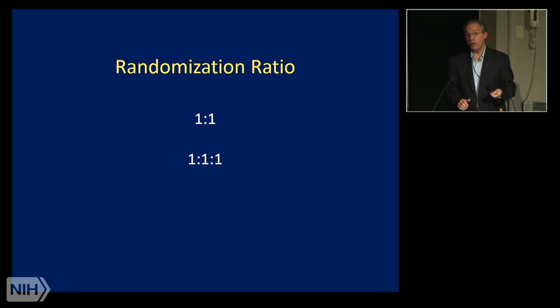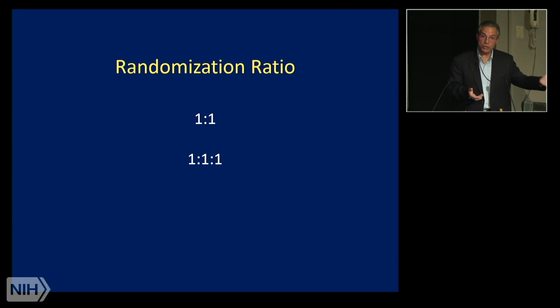You may see 1-to-1-to-1. That should tell you that this is a clinical trial with 3 treatment groups, and participants were assigned to each treatment group with equal chance.